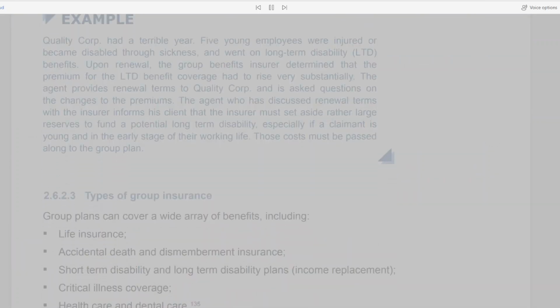Example: Quality Corporation had a terrible year. 5 young employees were injured or became disabled through sickness, and went on long-term disability, LTD, benefits. Upon renewal, the group benefits insurer determined that the premium for the LTD benefit coverage had to rise very substantially.